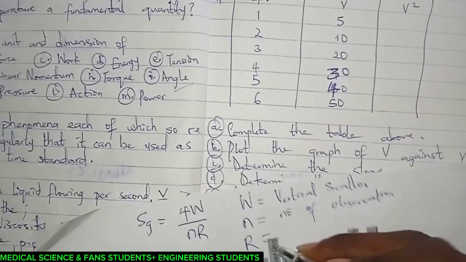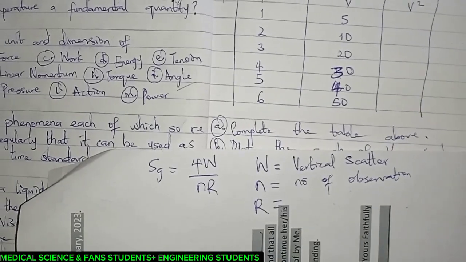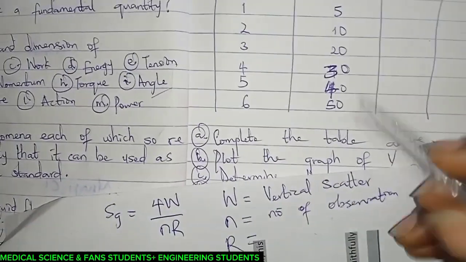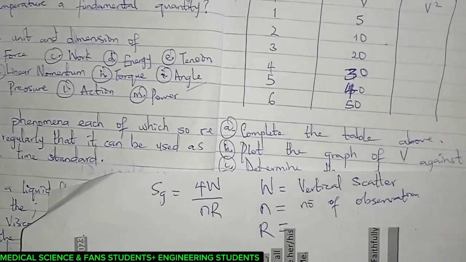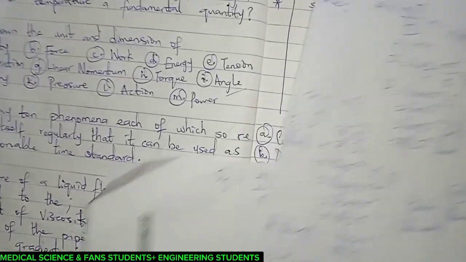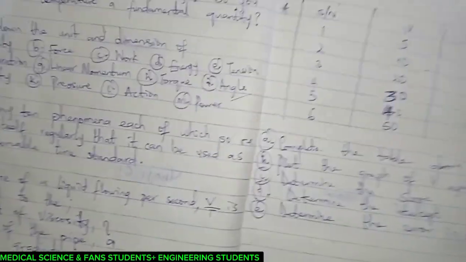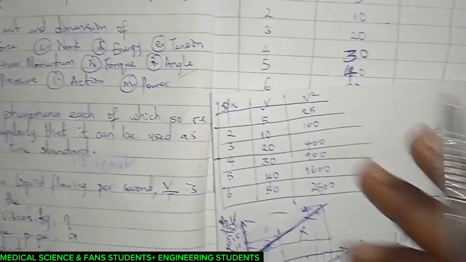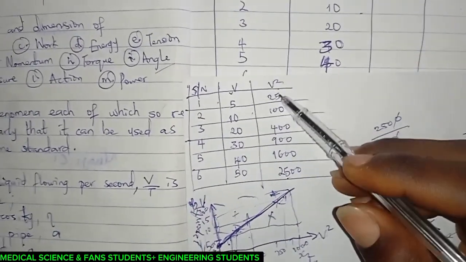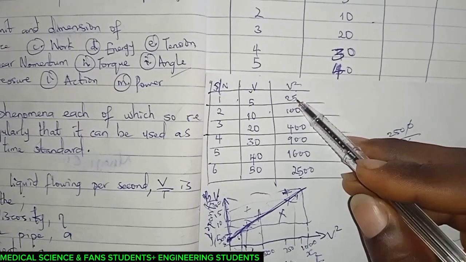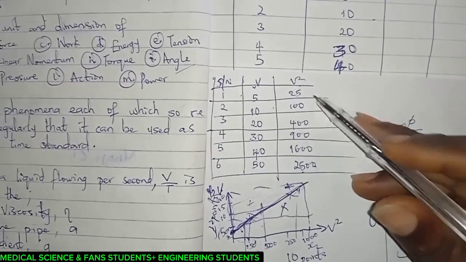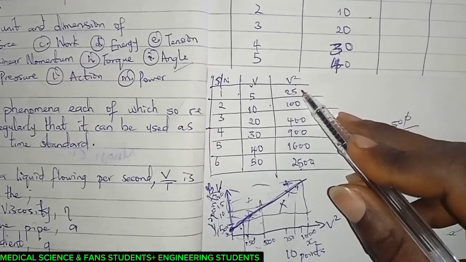R is the horizontal distance, the range. Notice from what we did here, v squared is the value that is going to the horizontal side. So what is the highest value here? The highest value is 25. What is the lowest value? The lowest value is 20.